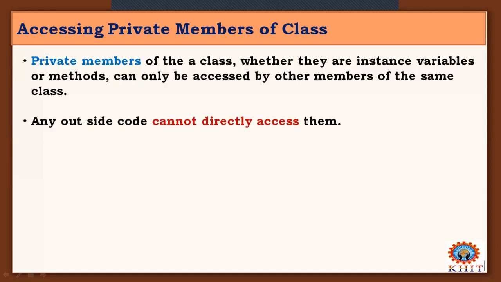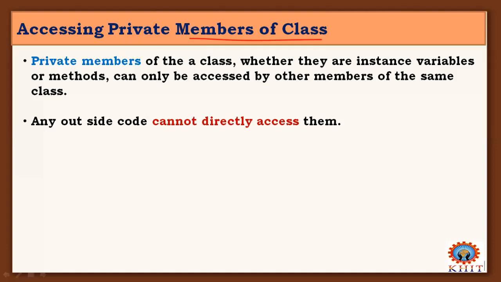Accessing private members of a class. By the knowledge of these access modifiers, we know private members of a class can only be accessed within the class, not outside of the class. But there is a possibility of accessing these private members outside the class.